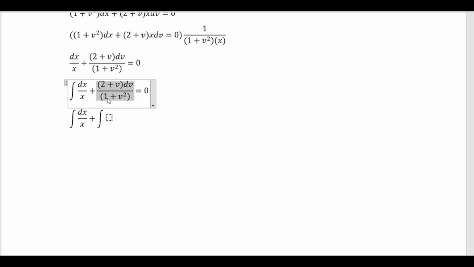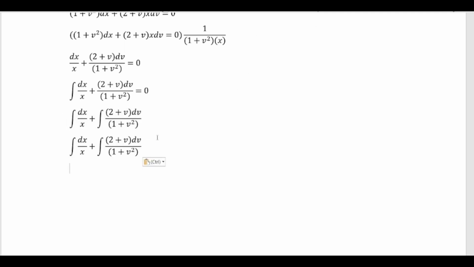Now, how will you integrate this one? So since in the numerator side we have a plus sign, we can actually decompose it into two fractions. So how do we do that? Okay, focus on this one, okay? Focus on this one. So let's copy paste everything. And then paste. And then since we decompose everything, this one would be left with 2, 2dv over 1 plus v squared.